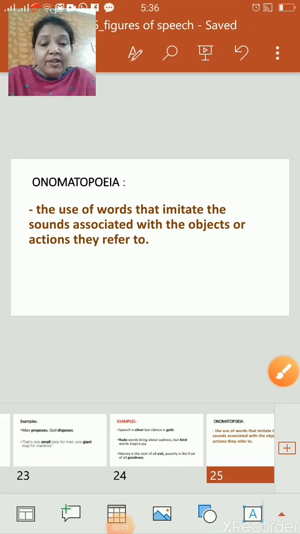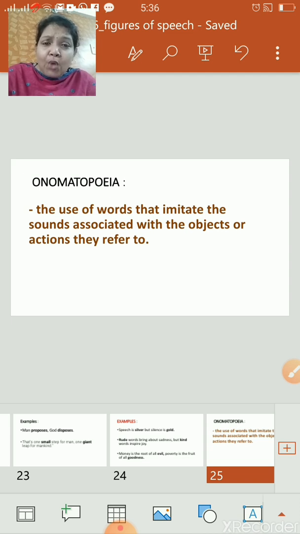Now, children, we will go through one more very important and very interesting topic. It is onomatopoeia. How do we recognize this kind of sentence? It's very easy, because it tells us some kind of sound.